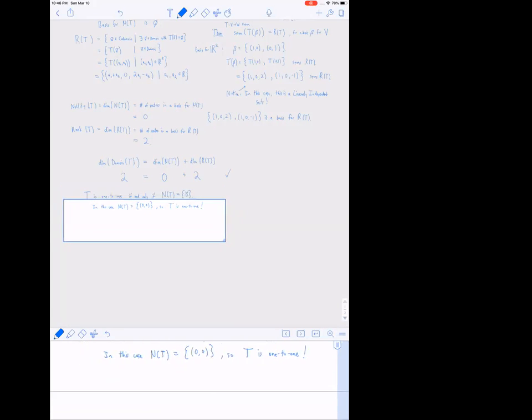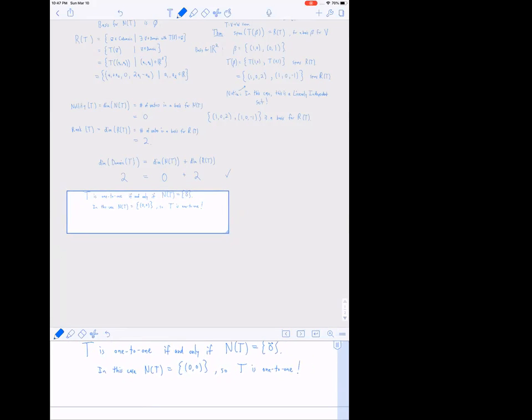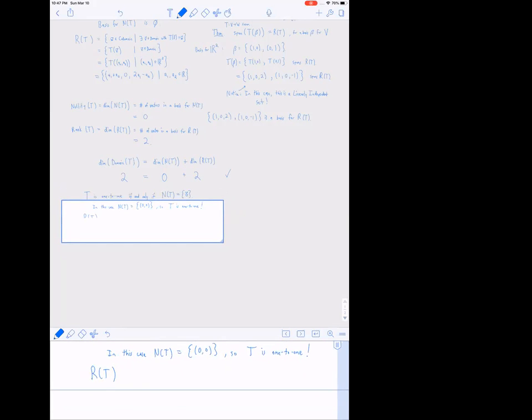And finally, in order to be onto, we would need that the range of T was equal to all of R3. But we know that that can't be the case because the range of T has dimension 2, while the codomain R3 has dimension 3.